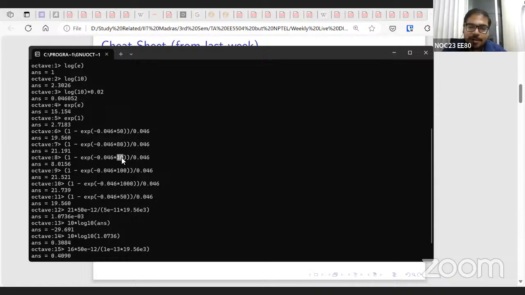This is 10 kilometer, so that is coming as 8 kilometer effective length. Then when you go to 100 kilometer, the effective length is 21 kilometer. At 1000 kilometer it is 21.74 kilometer. So there aren't mistakes in the provided answers.